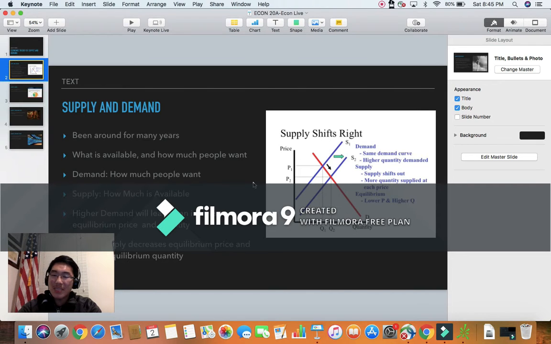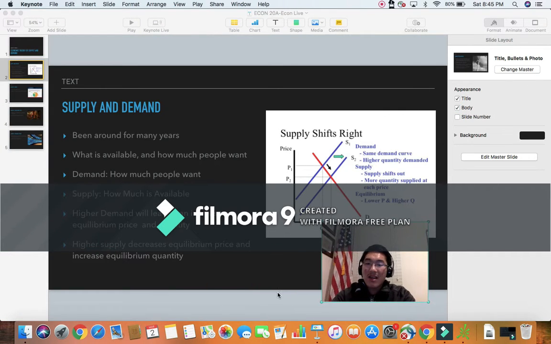To put it in simpler terms, demand is how much people want. Supply is how much is available. If you look at the graph right here, higher demand will lead to an increased equilibrium price and quantity.